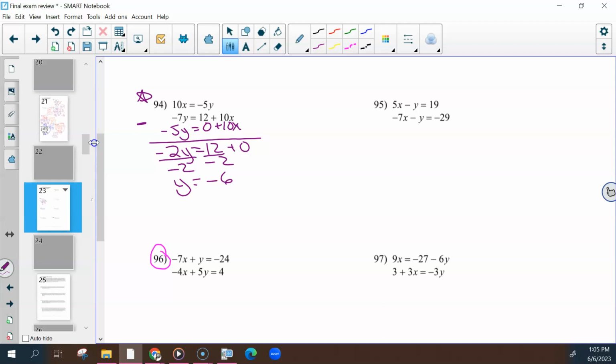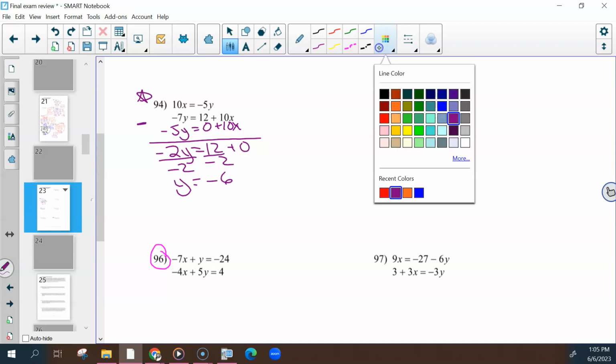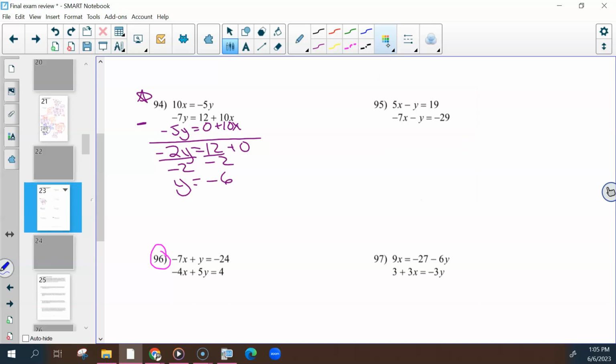But we have to go back and find x. So you have two choices. Put this in the first one or the second one, doesn't matter. I'm going to put it in first. And then start to solve for x. 10x equals 30.